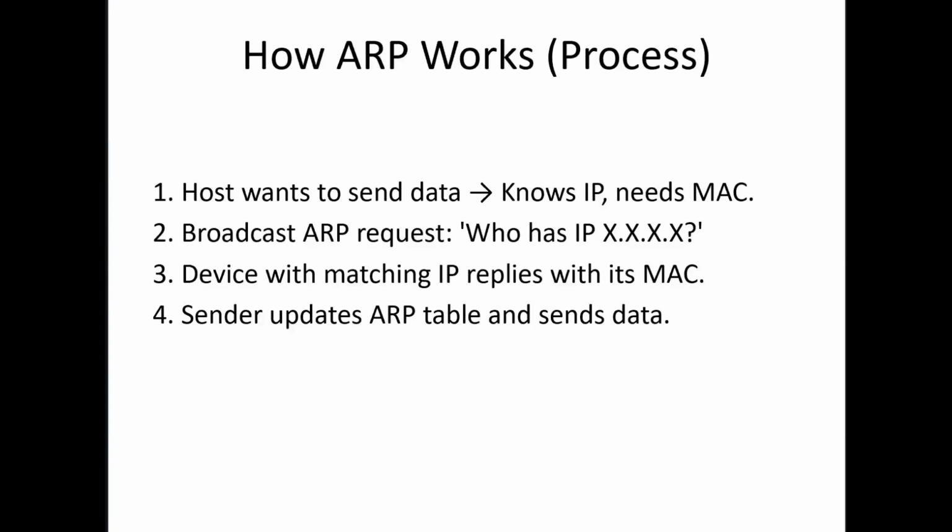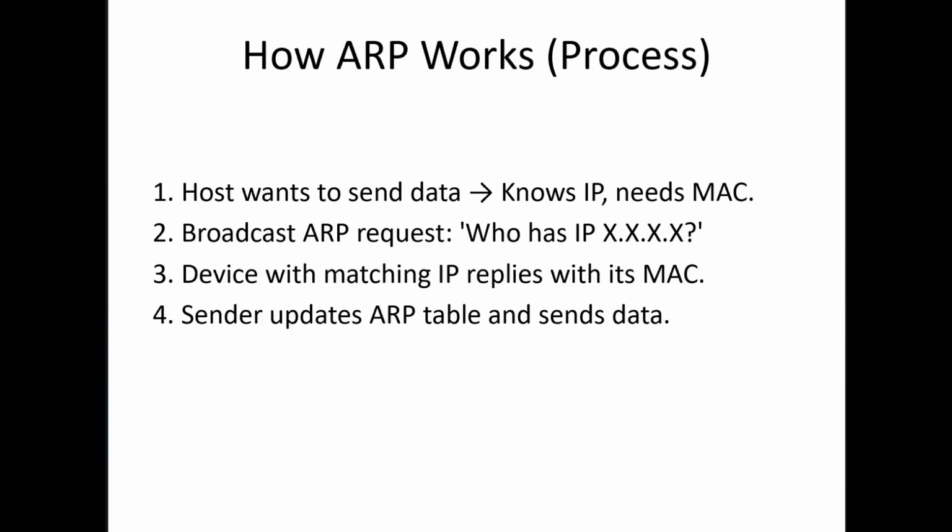Now, here's how ARP works in practice. When a device wants to send data, it has the IP address of the receiver, but it needs the MAC address as well. So it broadcasts an ARP request, like it shouts, who has this IP address, inside the local network, and then the device with that IP address replies.